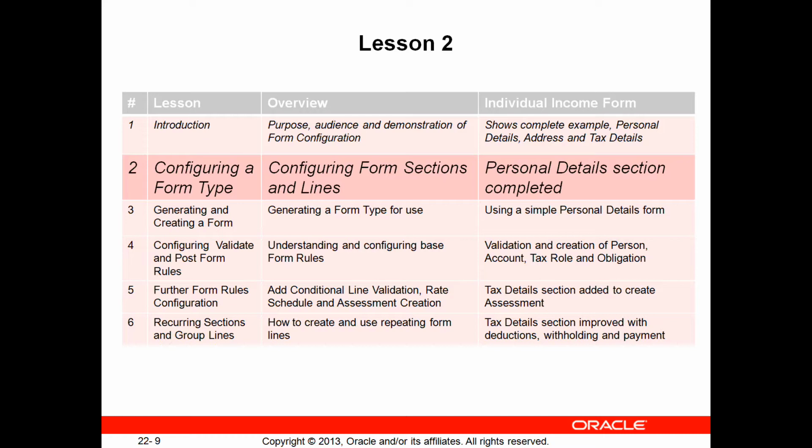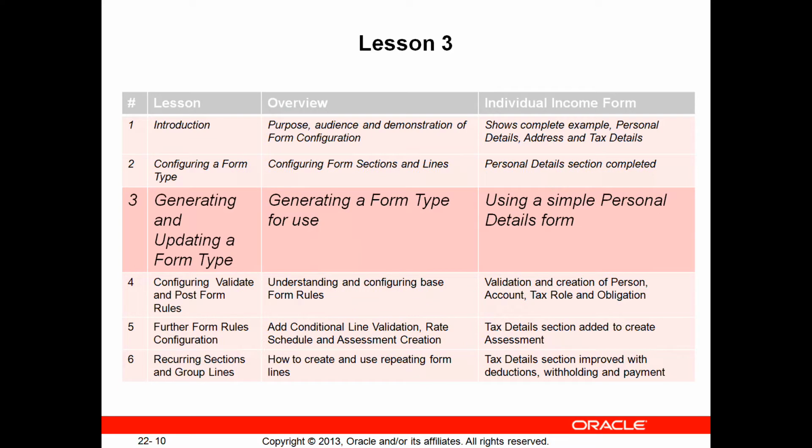But in Lesson 2 we will take you step by step and show you what you need to do to create the basic section and line. So after we've completed Lesson 2, you should have a form type which has a personal details section, not yet ready to be used, but just ready to go on to Lesson 3.